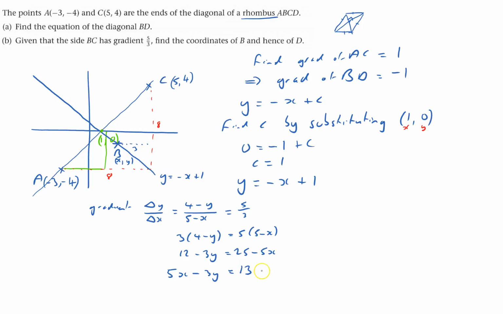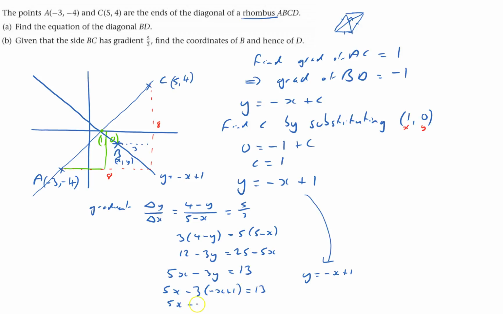And that's worked out one equation, but I've got to find out what x and y are. I need two equations. So I've got that, and I've also got this one here, y equals minus x plus 1. So I can substitute that in here, and I get 5x minus 3 lots of minus x plus 1 equals 13.